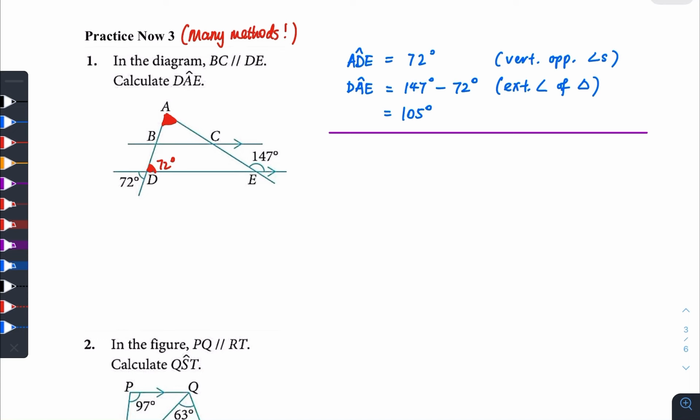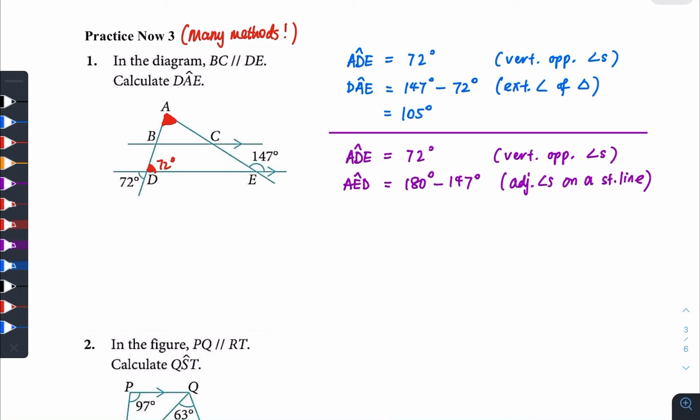Now the second way in which we can do is we can look for angle ADE first, also by vertically opposite angles. Then we can make use of the angles along a straight line, like what we always do. So angle AED, which is this angle over here, is going to be 180 minus 147.